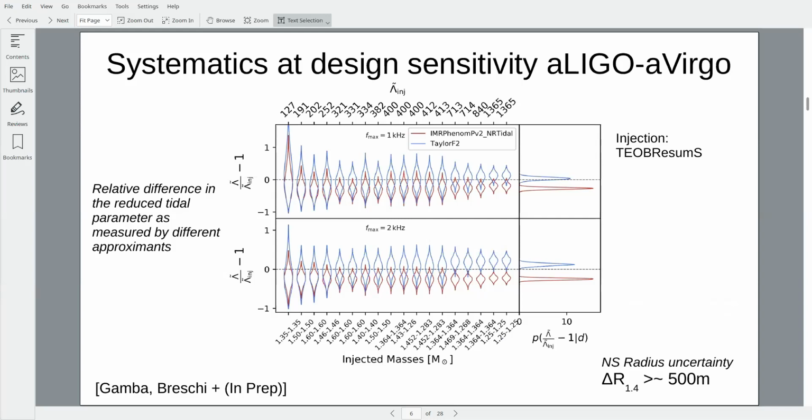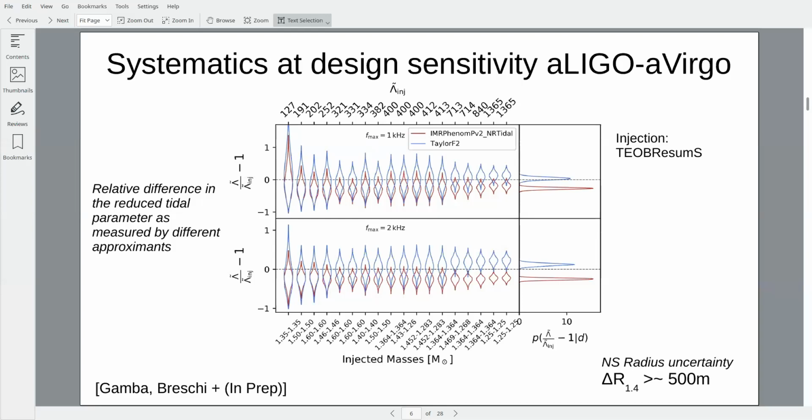In particular, what you see, for many different models at increasing value of the tidal parameter, is the deviation between the injected value and the one recovered by the waveform. In practice, this number could translate into a rough estimate of the radius uncertainty, which is about 500 meters, which is well above what people would like to measure.